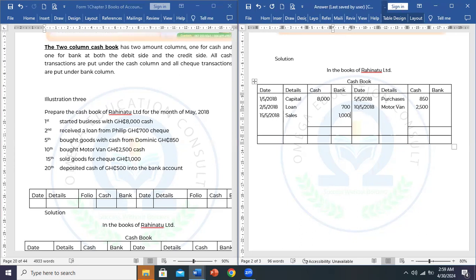Let me hear your views on it. Deposited cash into the bank account. So we are having both cash and bank in the one transaction. What's your opinion on this? As a matter of fact, are we going to debit or credit this into the cash?